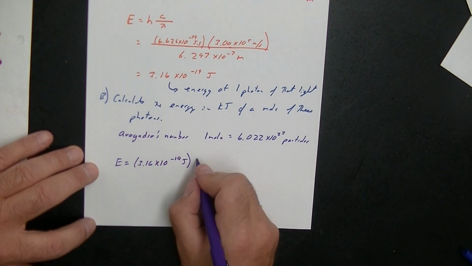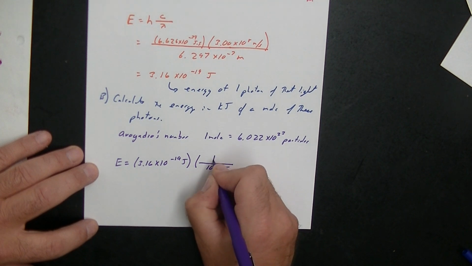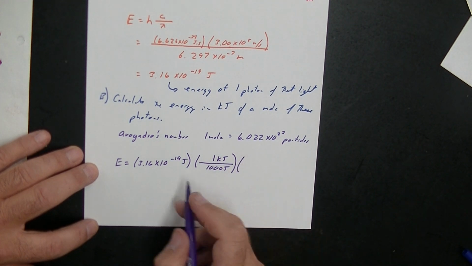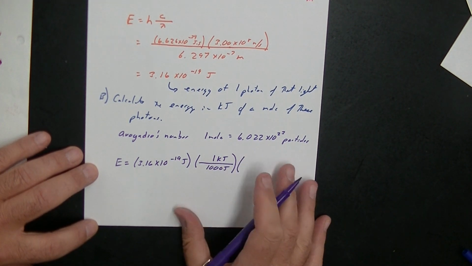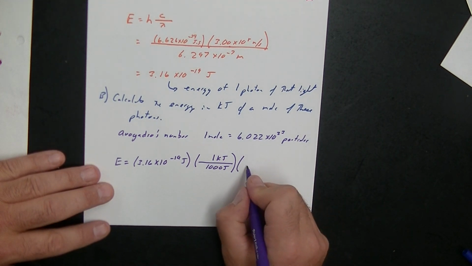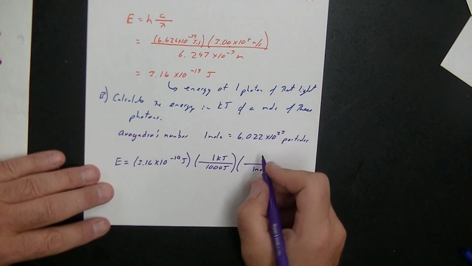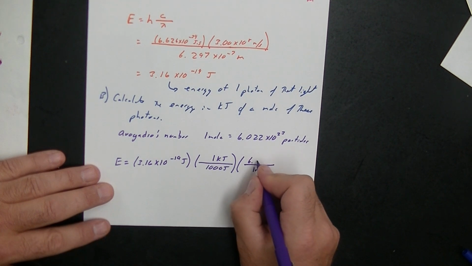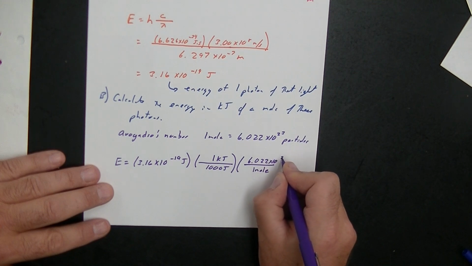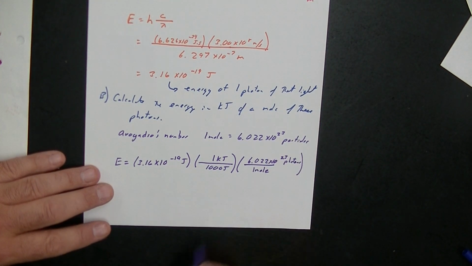I want to convert that to kilojoules. So we have 1,000 joules in 1 kilojoule. So that means my joules will cross out. But then I need to know how many exact particles that is. 6.022 times 10 to the 23rd photons in 1 mole.